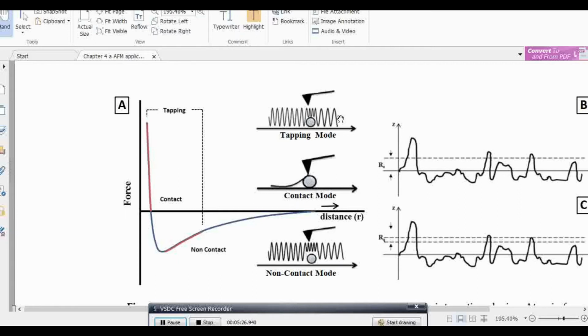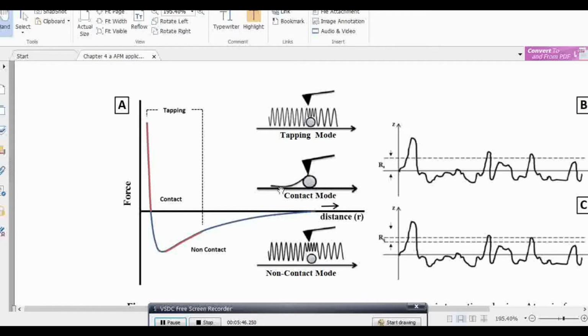That means it will move in the raster scanning as well, but when it comes to an object, it will start to adjust the cantilever height so that it will not scratch the sample. So that's the tapping mode. Another one is contact mode.